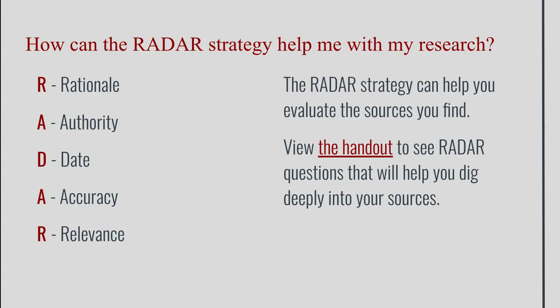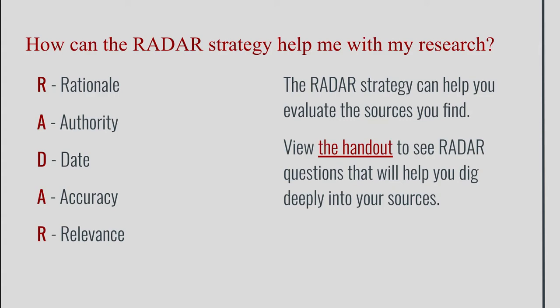An important note that I want to mention is that when we are getting ready to write an evaluation portion of an annotation, we shouldn't try to include information about every one of the RADAR criteria. Instead, we want to focus on the criteria that are most worth talking about for that particular source.